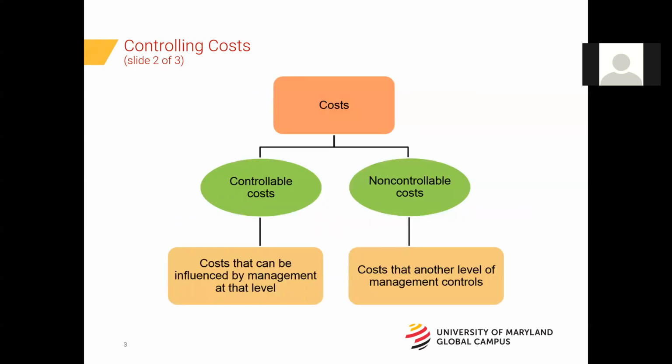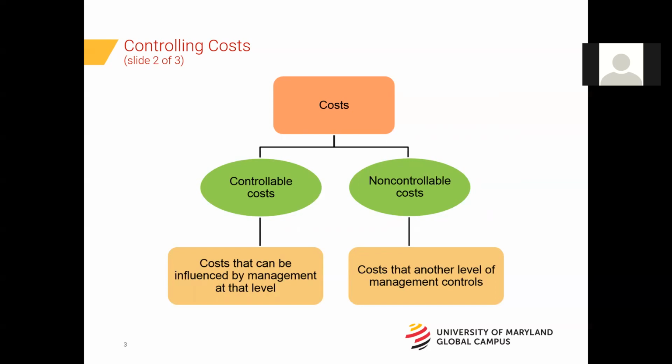So in management, we make decisions around the costs that we can control. Again, we can control things like direct labor, direct materials, other variable costs. I can control those things.